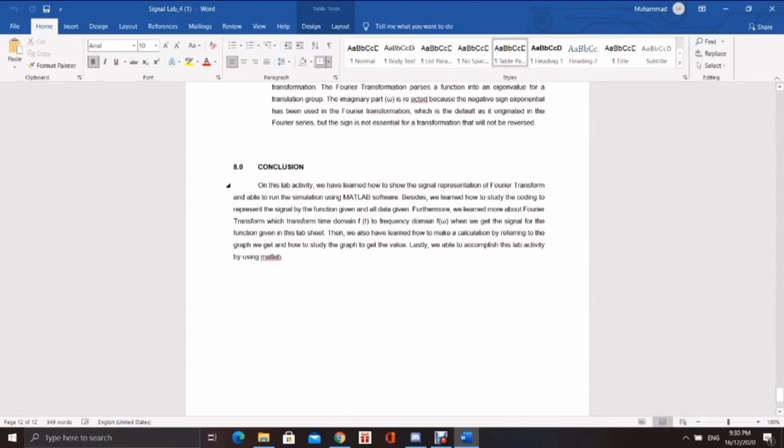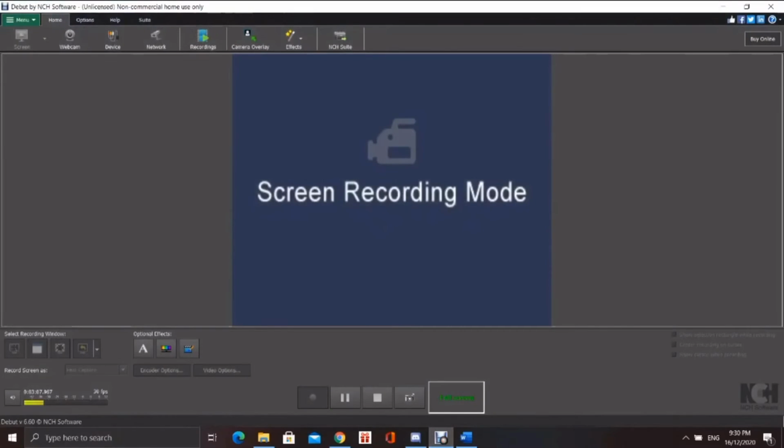Furthermore, we learned more about the Fourier transform, which transforms the time domain f(t) to the frequency domain F omega for the functions given in this lab sheet. We also learned how to make calculations by referring to the graph we get and how to study the graph to get the values. Lastly, we are able to accomplish this lab activity by using MATLAB.